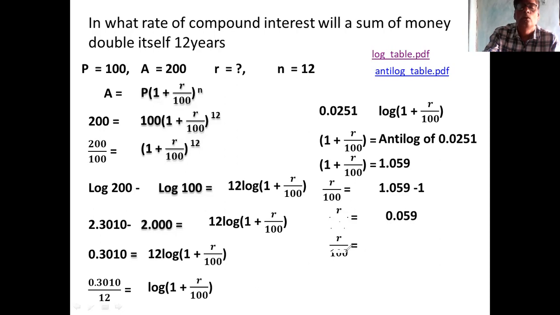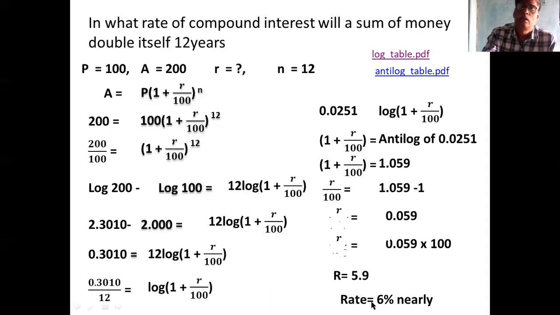So r is equal to 0.059 into 100. Therefore, r is equal to 5.9. Rate of interest is 5.9 nearly. And you may write this as nearly 6%. Rate of interest is 6% nearly. You write like this. Okay.